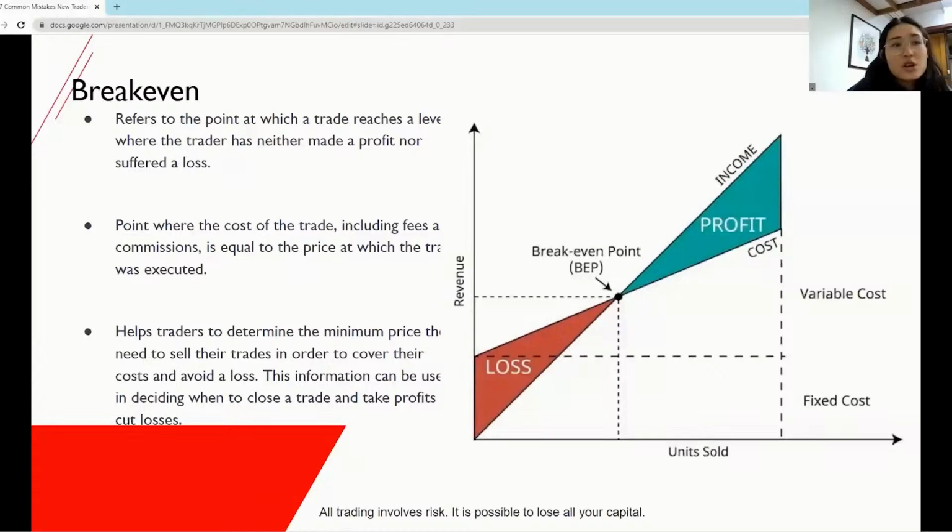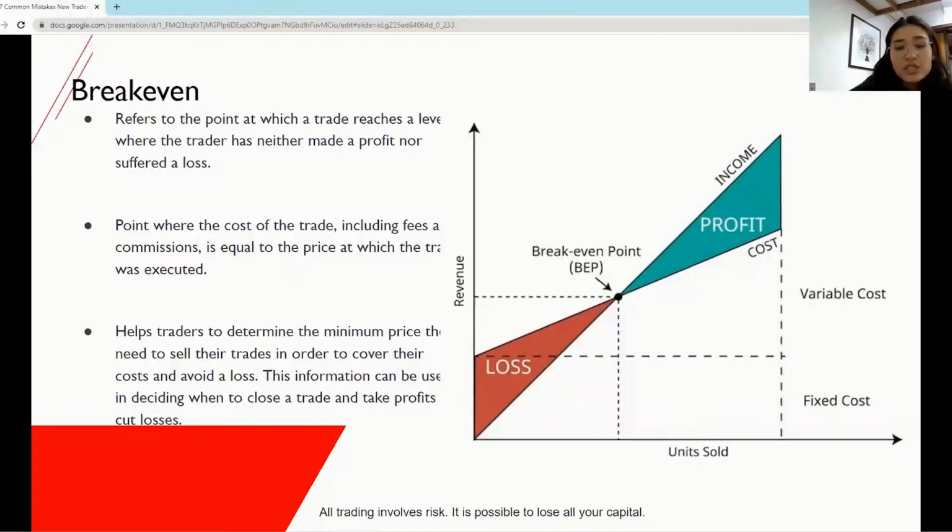Okay, let's first talk about break even. Break even in trading refers to the point at which a trade reaches a level where the trader has neither made a profit nor suffered a loss. It's the point where the cost of the trade, including fees and commissions, is equal to the price at which the trade was executed.